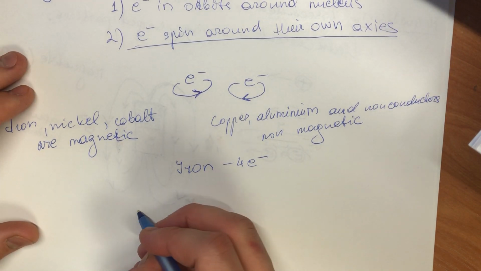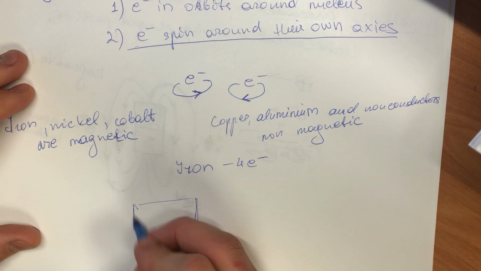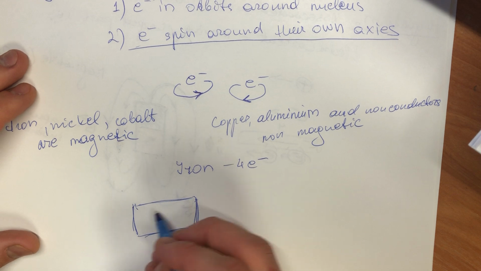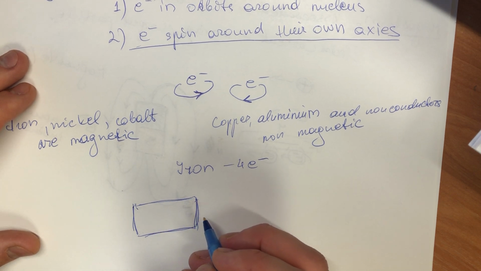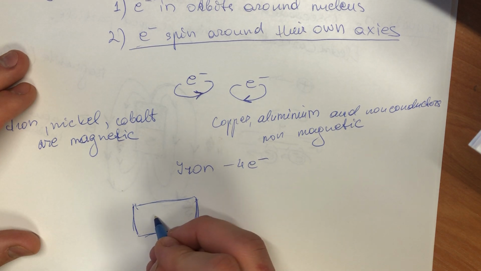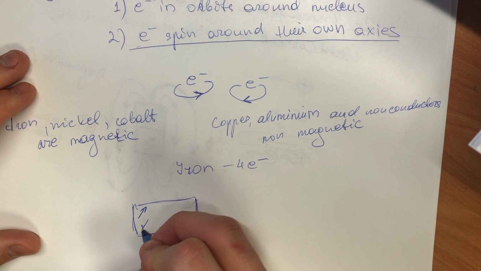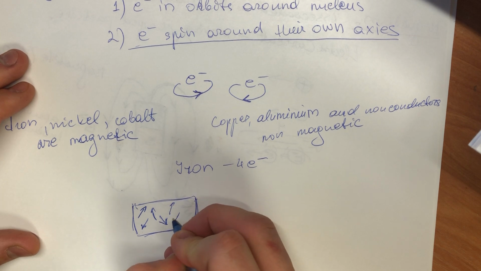A piece of iron is magnetically neutral, because there are magnetic domains in the piece of iron that are randomly distributed. We can show that these domains are positioned randomly, so they balance each other.